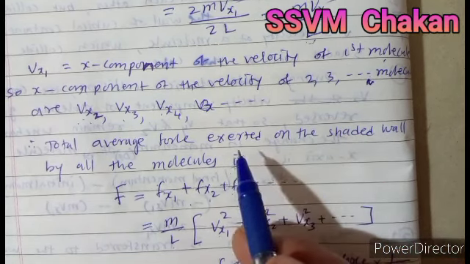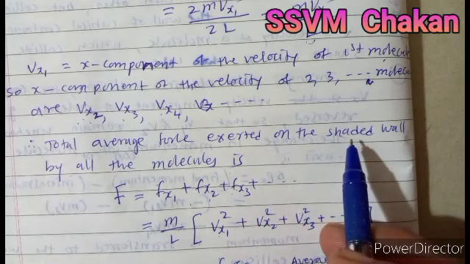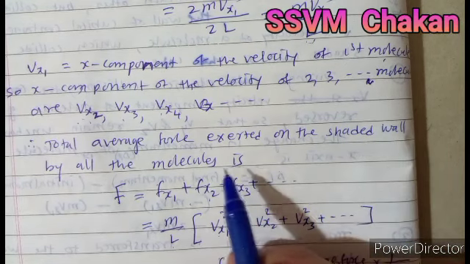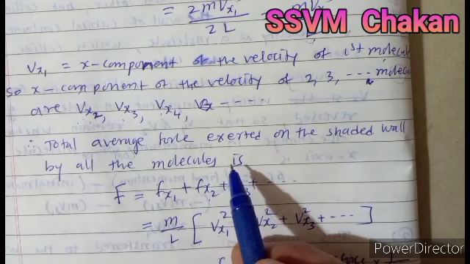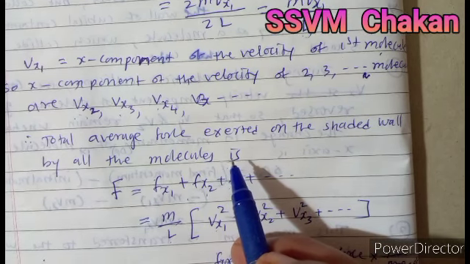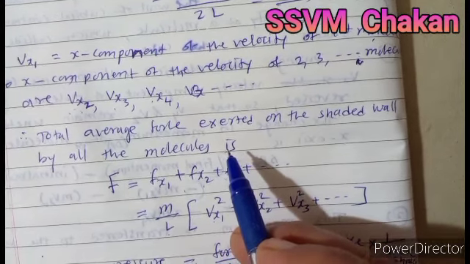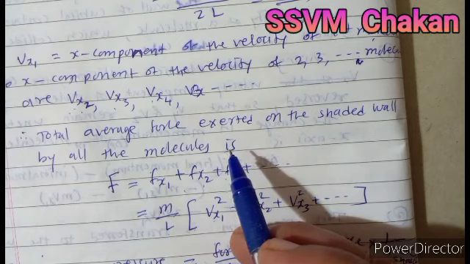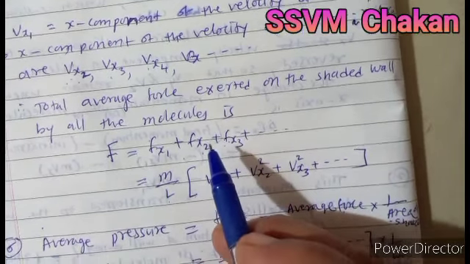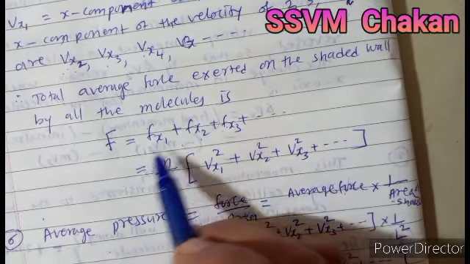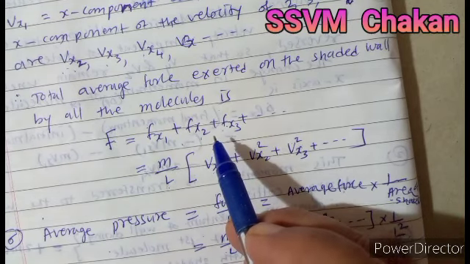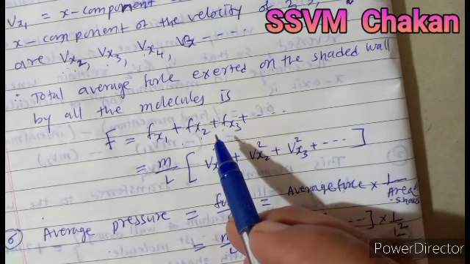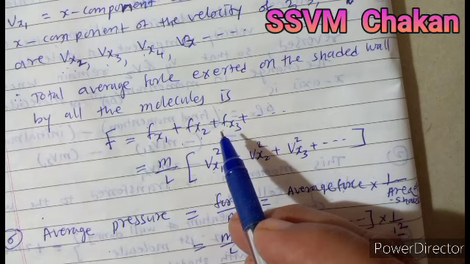So the average force exerted on the shaded wall by all molecules, or the total force acting on the shaded wall applied by all N gas molecules, that is F, is equal to the addition of the force exerted by each molecule.